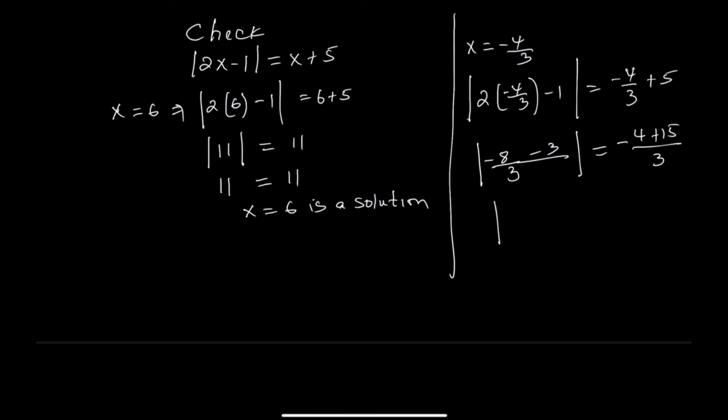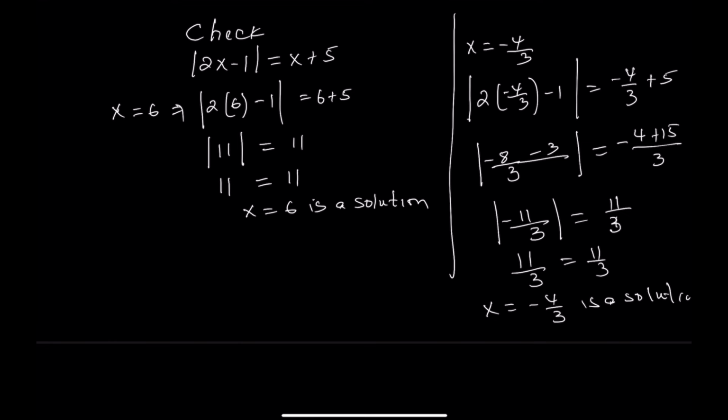Next, we have the absolute value of negative 11 over 3 equals 11 over 3. Both sides are equal. Therefore, x equals negative 4 over 3 is also a solution. Finally, the solution of this absolute value equation is x equals 6, or x equals negative 4 over 3.